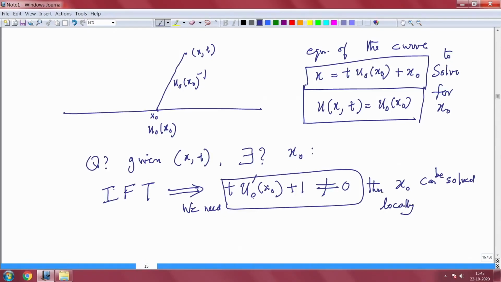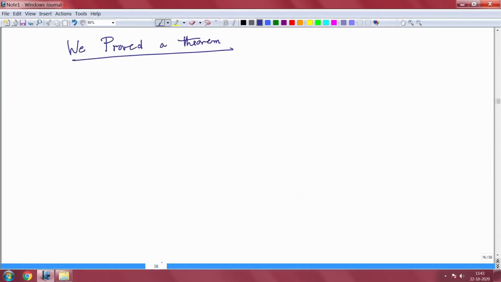This definitely will happen if u naught prime of x naught is positive, that is, u naught is a non decreasing function. Case 1: if u naught prime of psi is greater than or equal to 0 for all psi, that implies u naught is non decreasing.